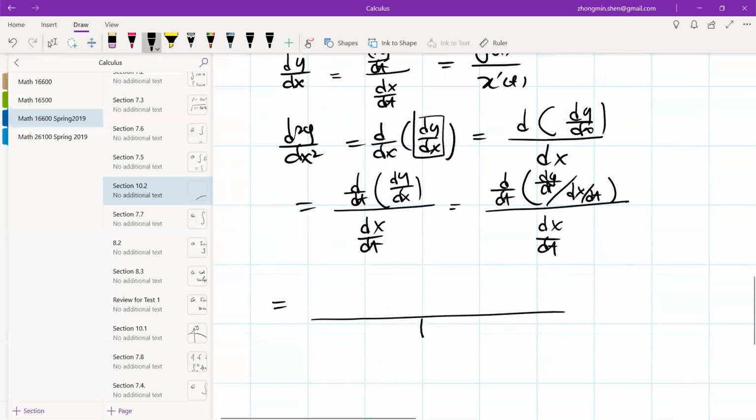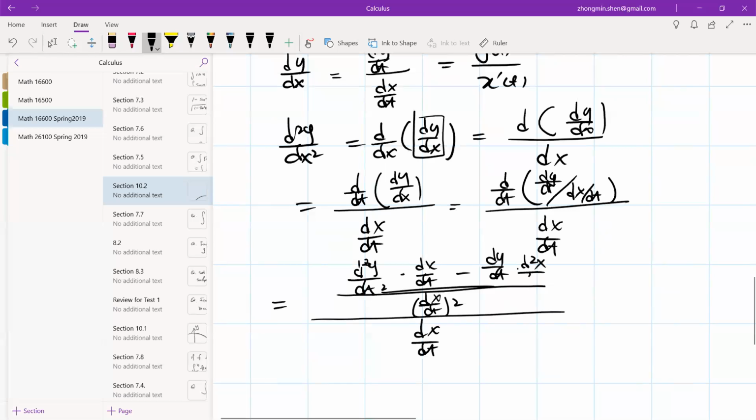This is a quotient, so it's the denominator squared, then the derivative of the numerator, which will be the second derivative of y, times the denominator, minus dy over dt times the derivative of the denominator.